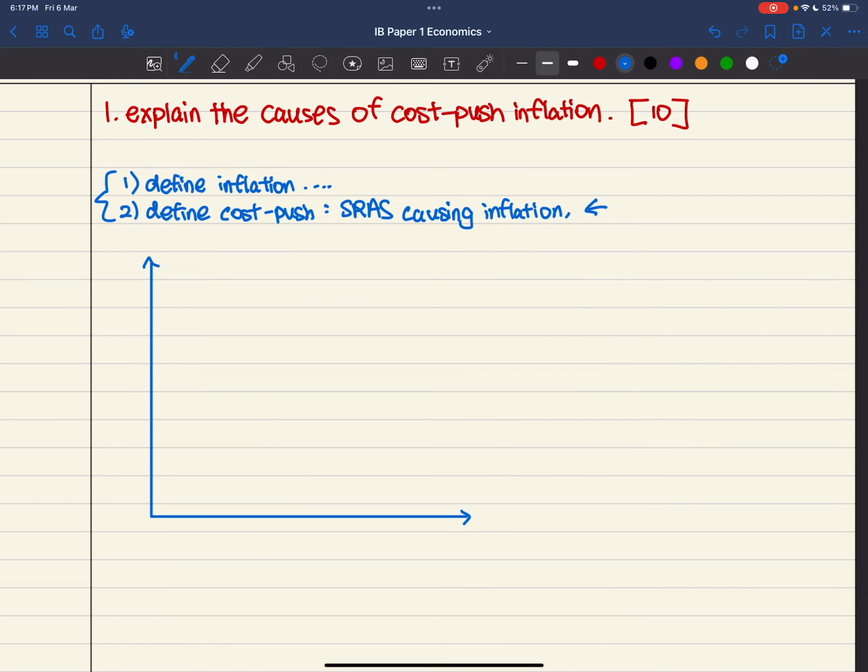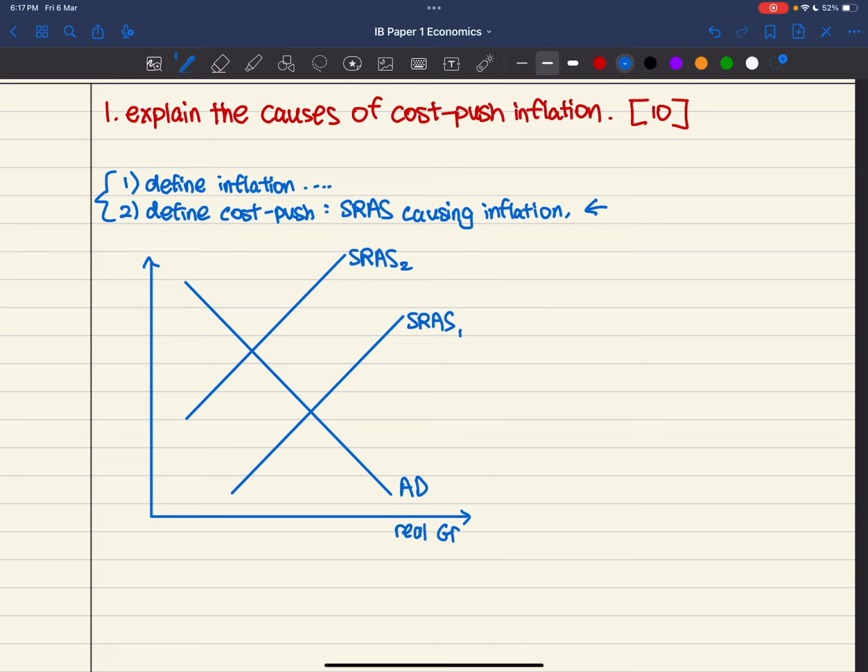So we can draw the diagram first. Let's draw a simple AD-AS. Leave some space because, as you know, SRAS will shift left. It's a nice graph. So SRAS 1 to 2. Real GDP, don't forget your axes. Price level.